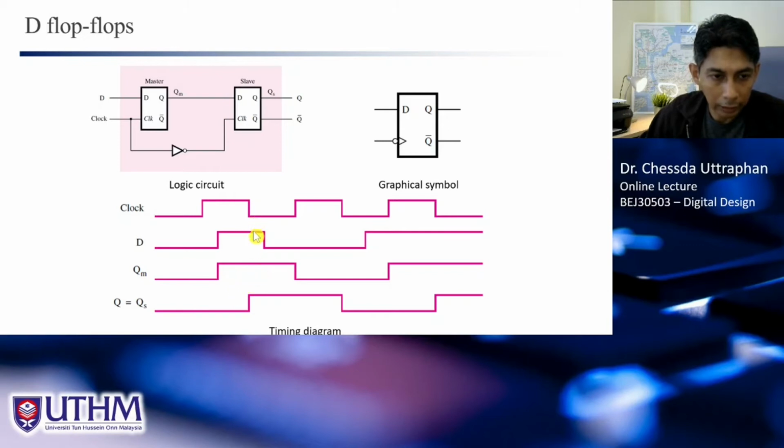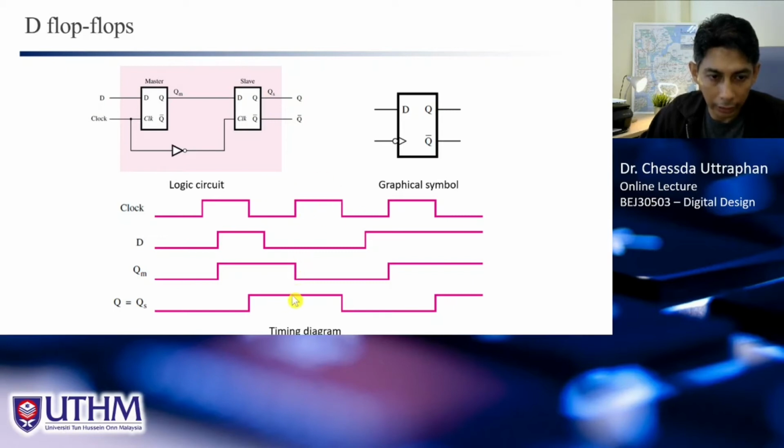So here, because the clock is active for the slave, it will go up, because QM here is equal to 1, and go up until here where the clock is not active for the slave.